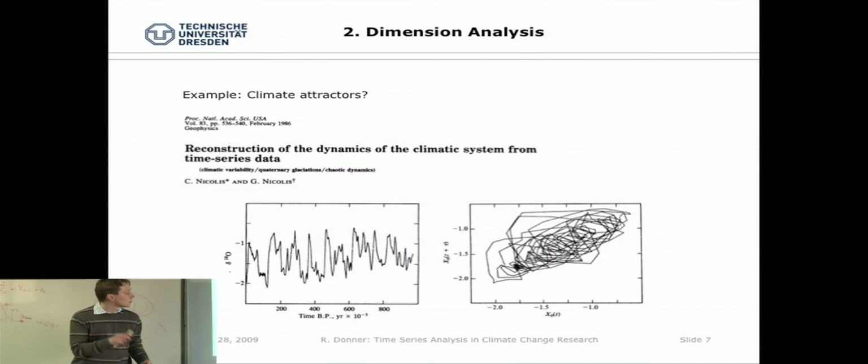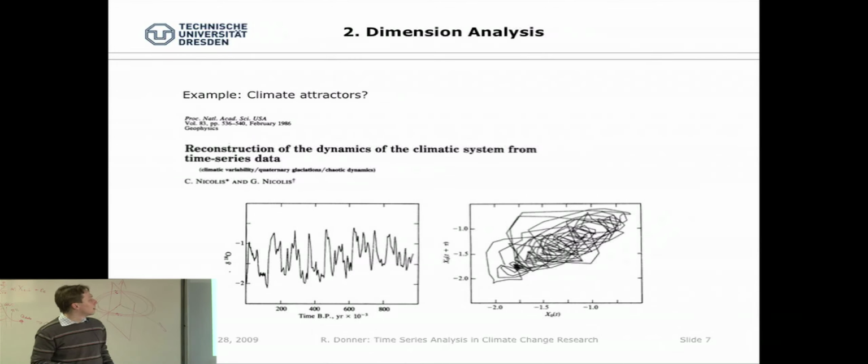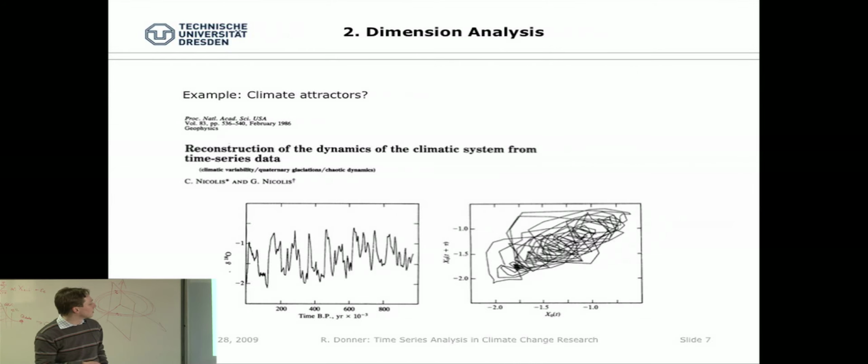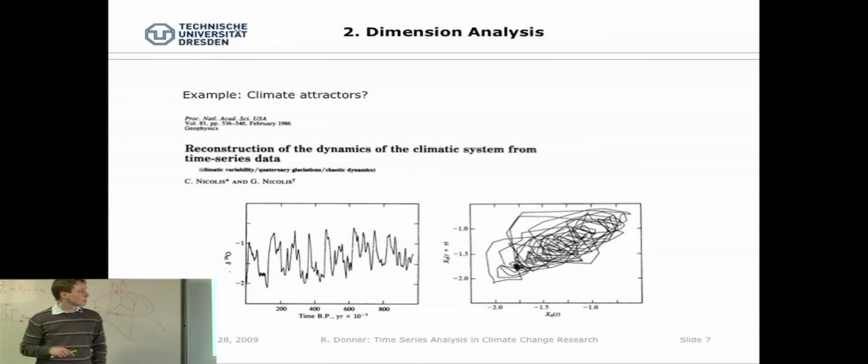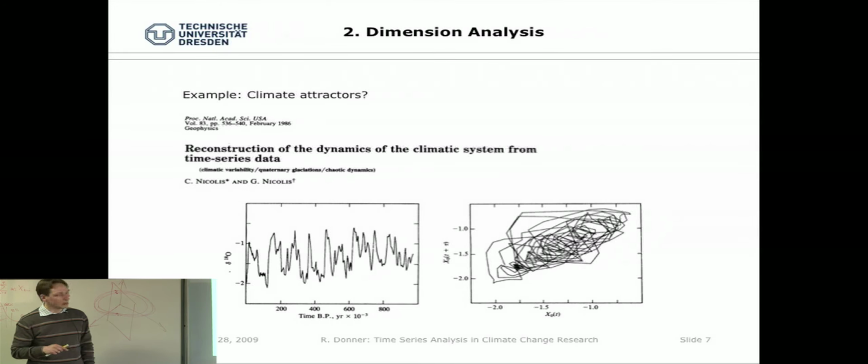In this case, maybe a 2-dimensional one. There's, for example, this paper of Nicolis and Nicolis, who took some of these paleoclimate records. We already had one of them, so this is another one. This is now from a sediment record. And what is measured is the so-called delta 18O. It's again some isotope ratio, which gives you some idea of temperature variability. So that's all you should have in mind.